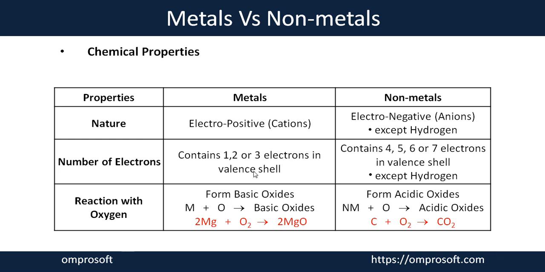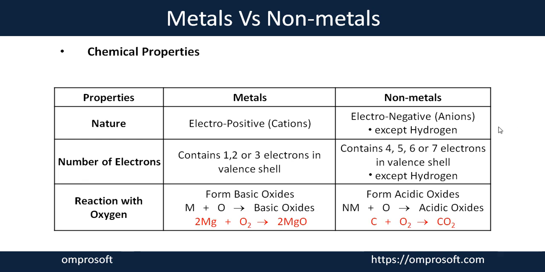They have a small number of electrons in their outermost shell. Due to this reason, they easily lose their electrons and give them to any other element. Because if they have fewer electrons, they require less energy to lose an electron. That is why metals are electropositive in nature.